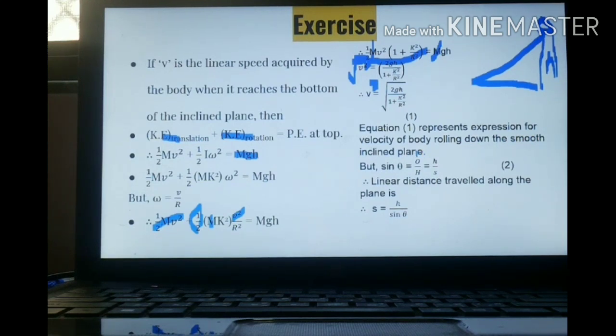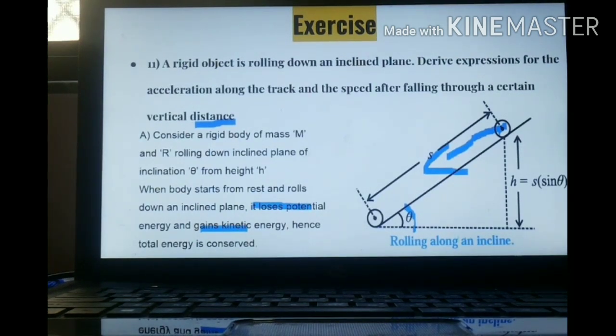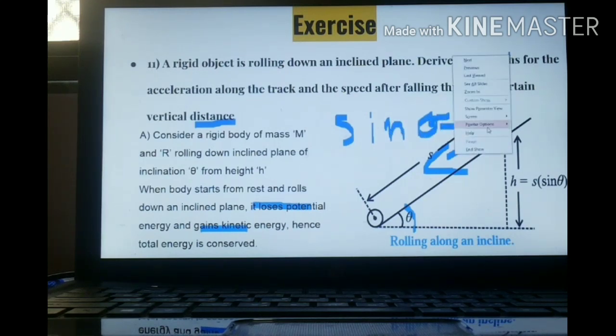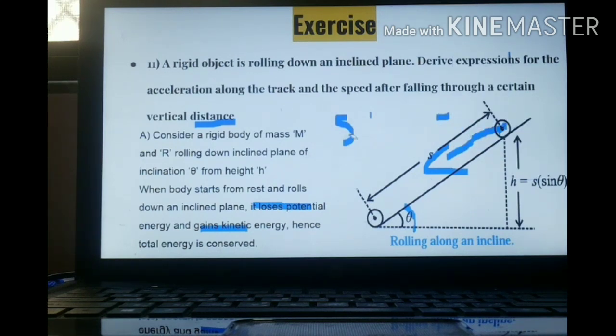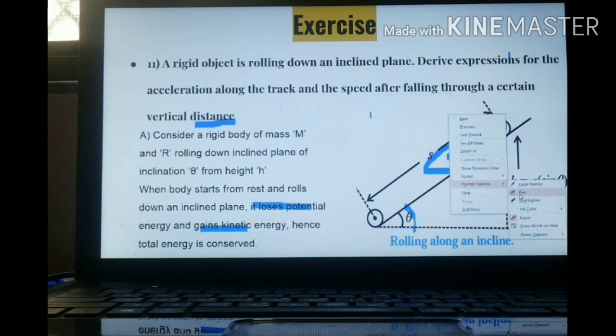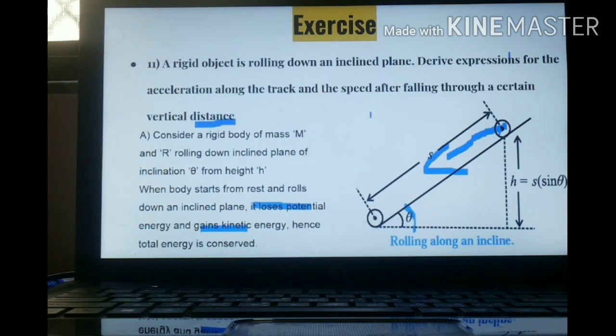If we take sin theta, what is sin theta?